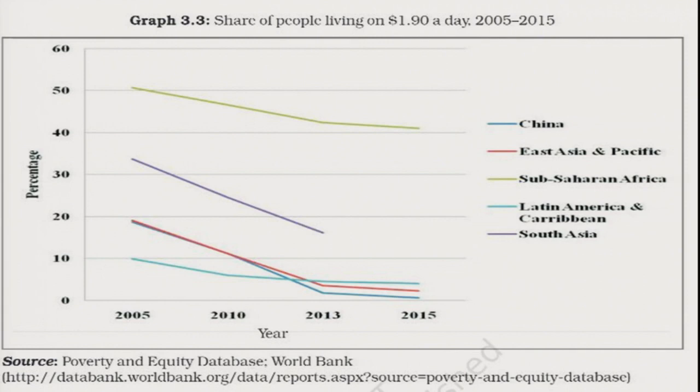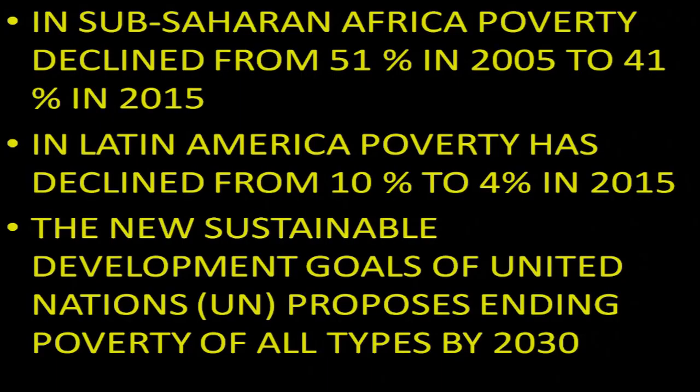And the maximum poverty that is visible is particularly in Latin America and Sub-Saharan Africa. The maximum poverty is visible in Sub-Saharan Africa. In Sub-Saharan Africa, the poverty has declined from 51% in 2005 to 41% in 2015. Latin America, the poverty has declined from 10% to 4% in 2015.